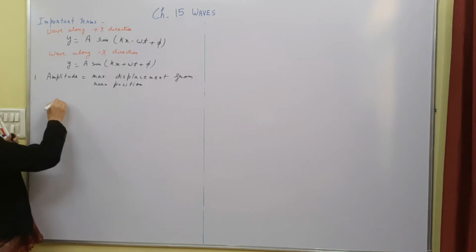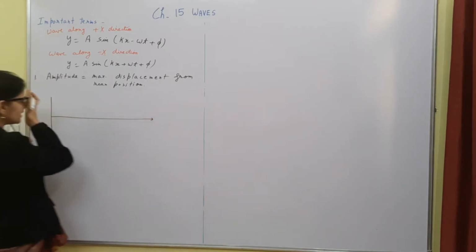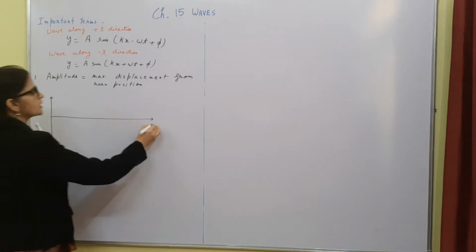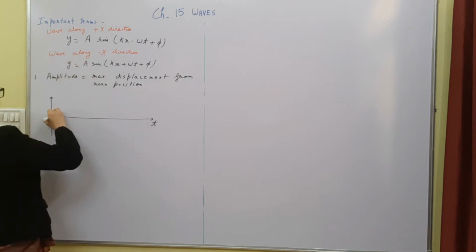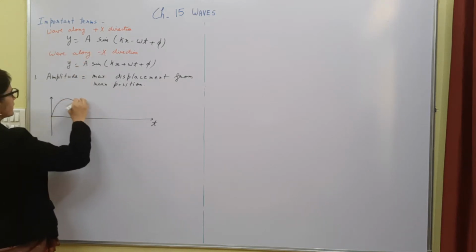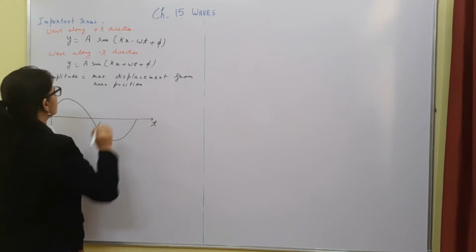Then if we draw a graph for the displacement of wave with time, this is sinusoidal. We can see we are just drawing a simple sinusoidal graph.